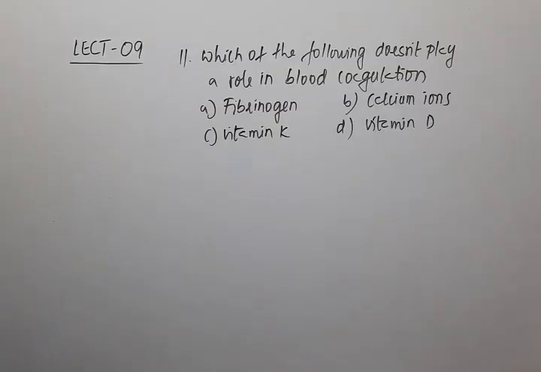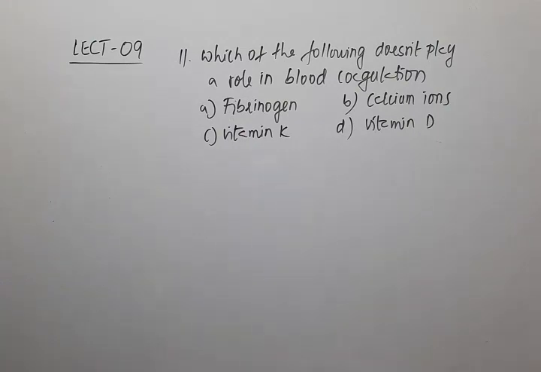Next question: which of the following does not play a role in blood coagulation? Options: A fibrinogen, B calcium ions, and C vitamin K, and vitamin D. Now let's see this fibrinogen.